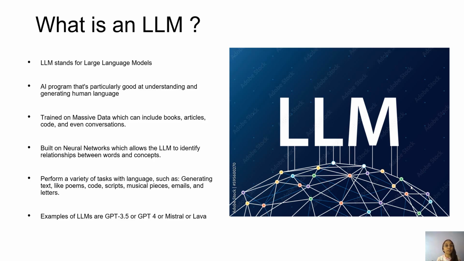Some of the LLMs are also trained on audio files. They are built on neural networks, which allow the LLM to identify relationships between words and concepts. They perform a variety of tasks with language, such as generating text like poems, code, scripts, musical pieces, emails, and letters, to name a few.